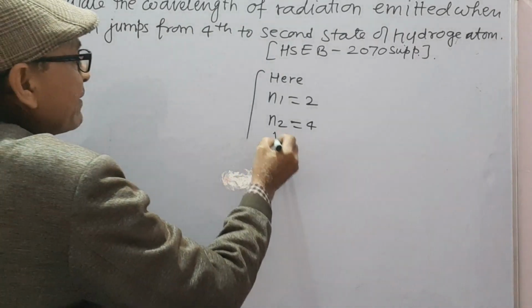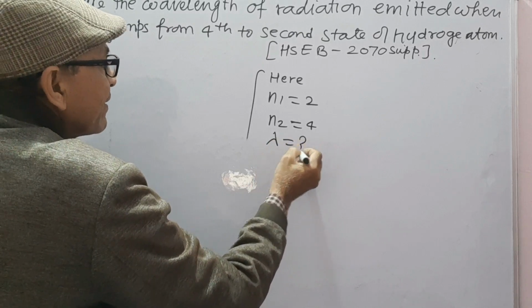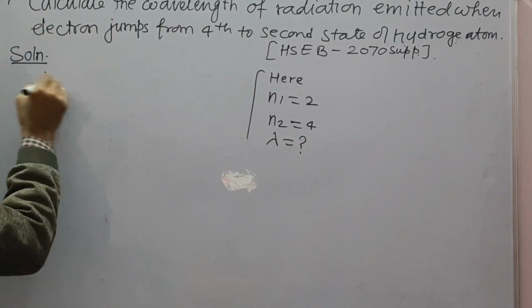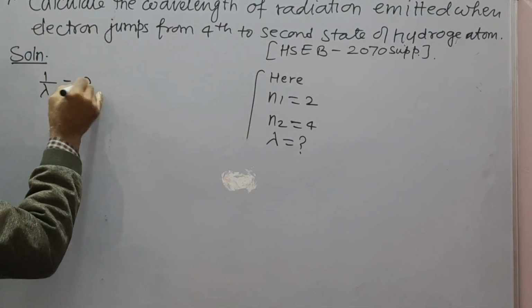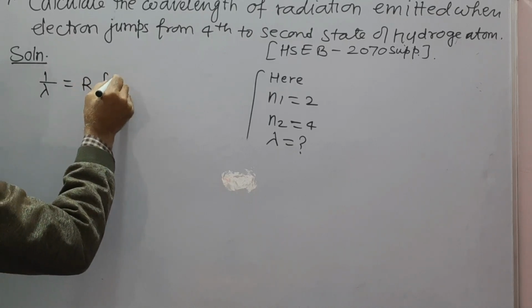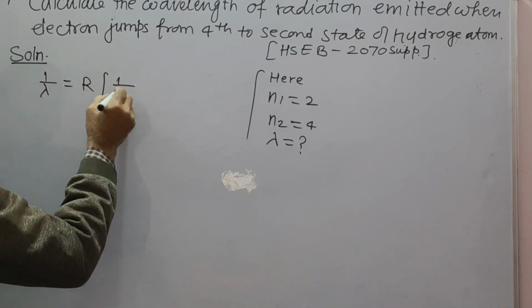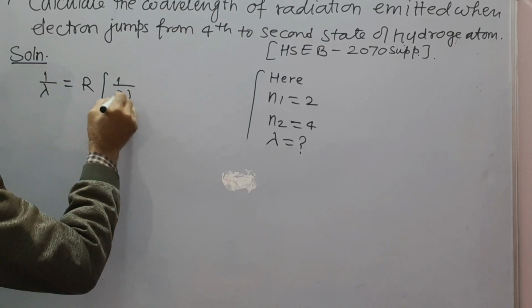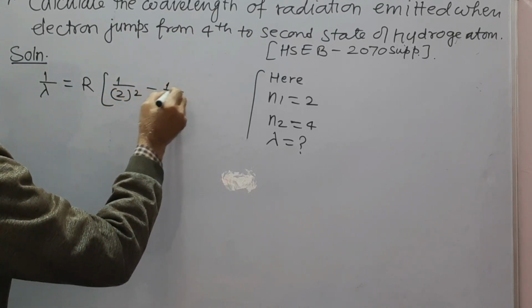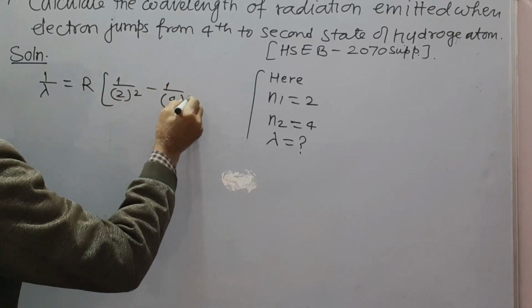We have to find the wavelength. Now 1 upon lambda will be equal to R times 1 upon N1 square, means 2 square, minus 1 upon N2 square, 4 square.